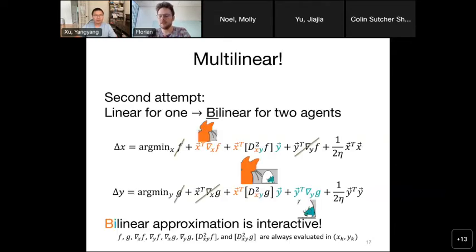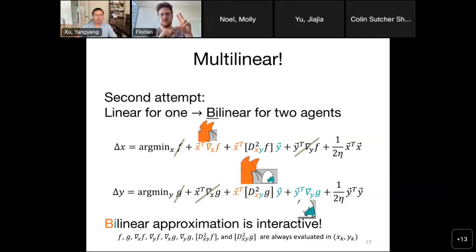Oh, here. Okay, so for these two problems, for the x part, only x is a variable, or both x and y are variables? What this really means is that this is now a non-zero-sum game between these two agents.